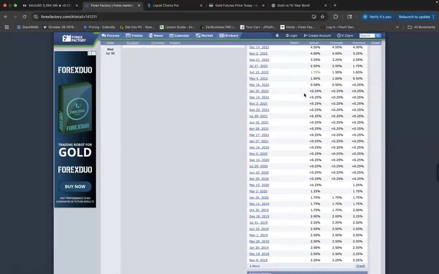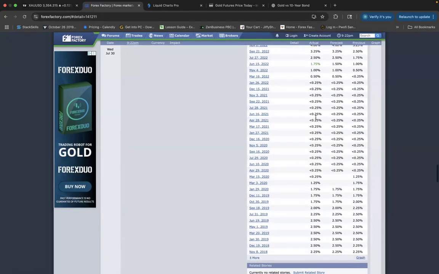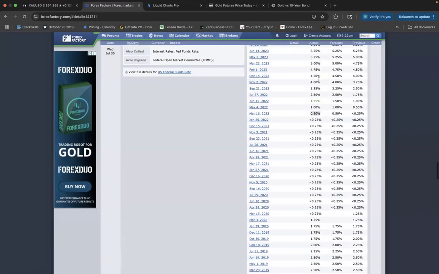This is why back in March 20th, 2020, we dropped down to 0.25. And then we kept it until March 2022, when we went to 0.50, then 1%.